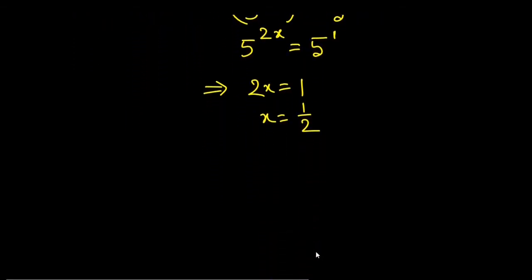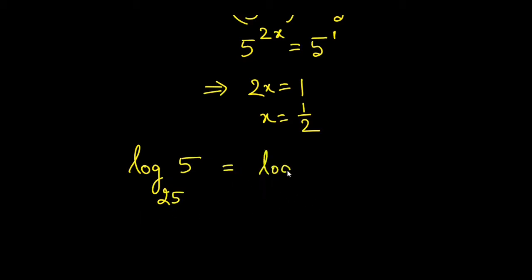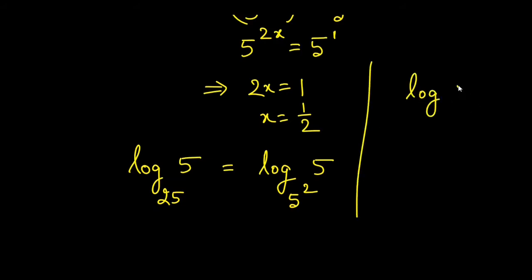By using some property, log 5 to the base 25 is equal to log 5 to the base 5 square. We have a property: log of x to the base a power m is equal to 1 by m log of x to the base a.